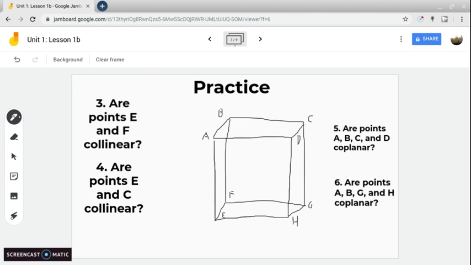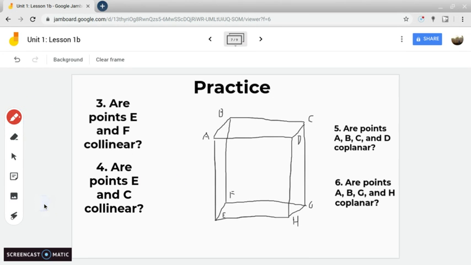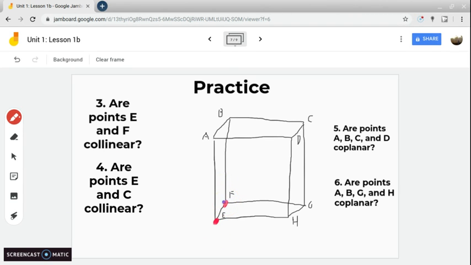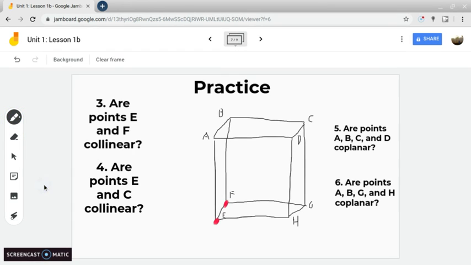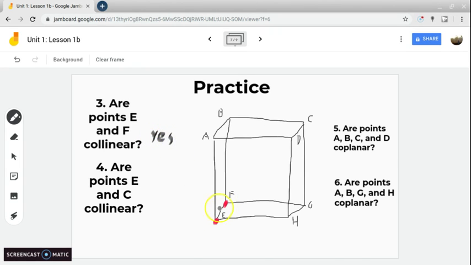Alright, number 3, are points E and F collinear? First I'm going to switch the color and go highlighter. Let's see, what are E and F? That's E, that's F. Are they collinear? Remember, that means on the same line. Yes, they are. I mean, that's obvious.